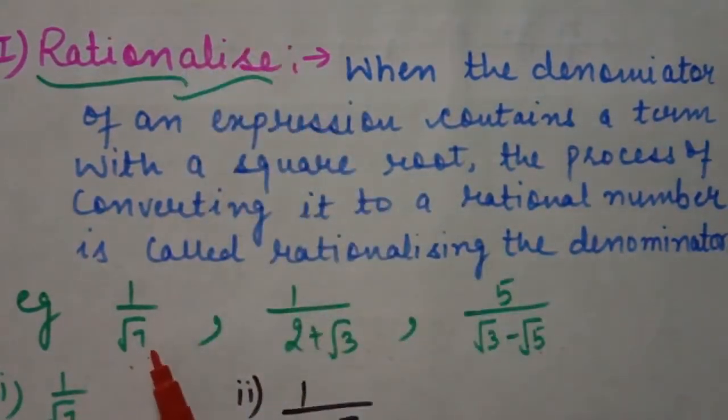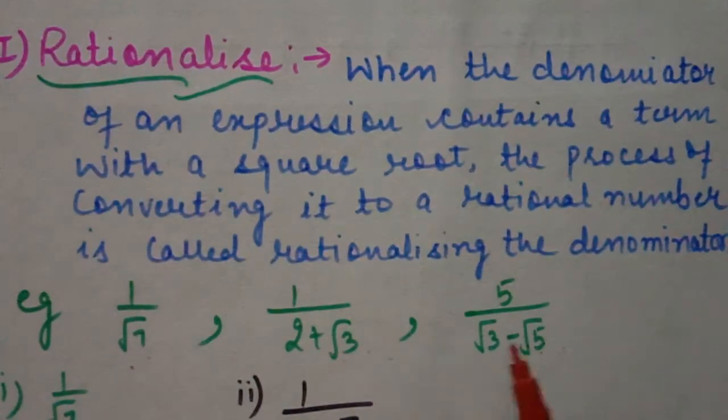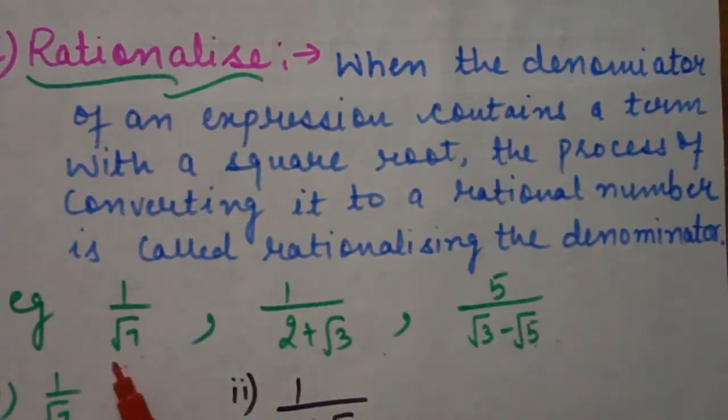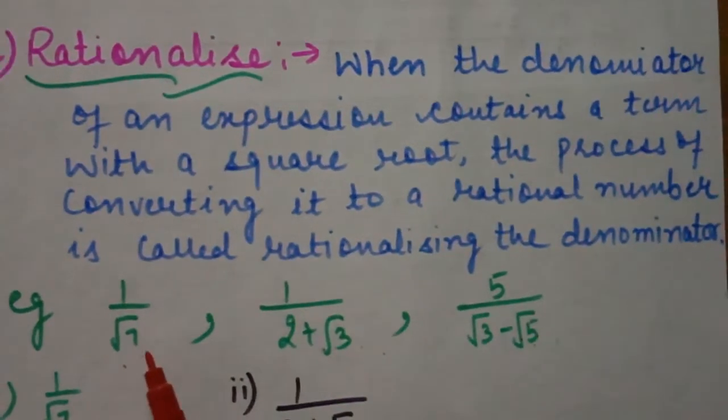So what is rationalize? When we have a denominator in any expression with a square root, the process of converting this square root into a rational number is called rationalizing the denominator. So I will start rationalization with this example.